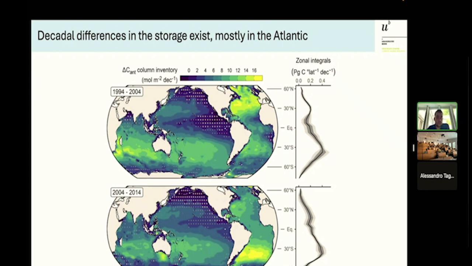So this was just to show that we can not only observe the carbon sink in the Southern Ocean and in the global ocean by using air-sea CO2 fluxes, but we can also use interior ocean observations and see how the storage of carbon changed, whether there's more carbon or less, by using observations from inside the ocean.